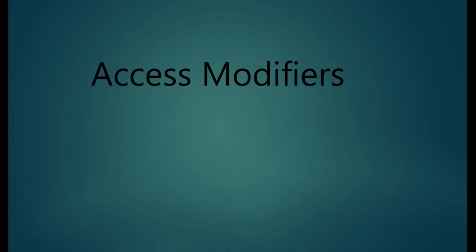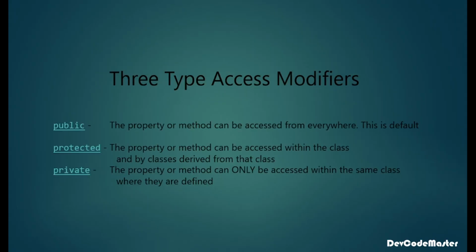Okay, there are three types of access modifiers: public, protected, and private. So public means the property or method can be accessed from everywhere.